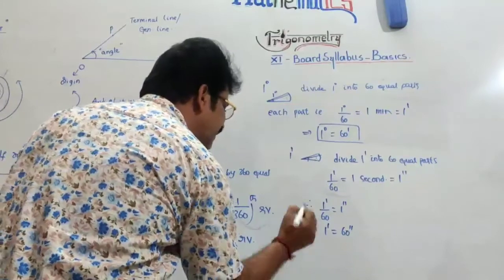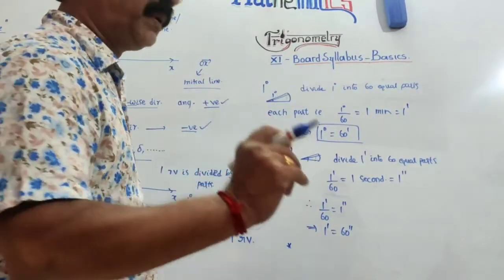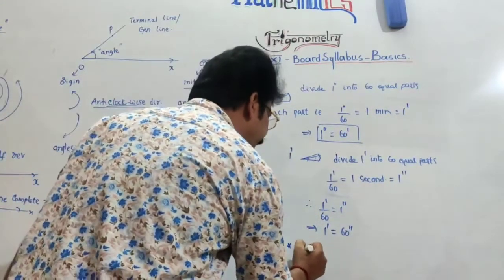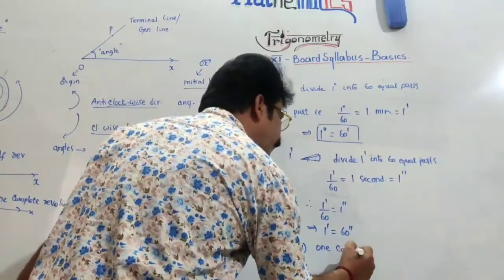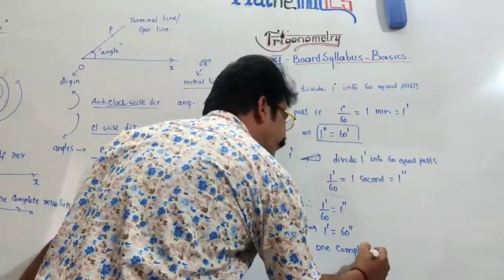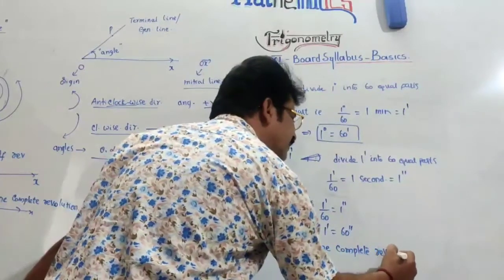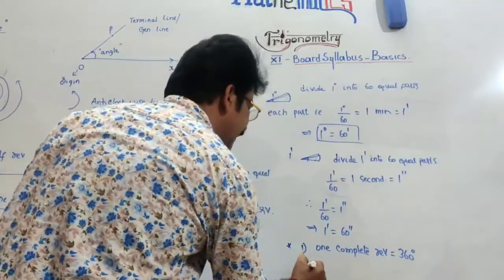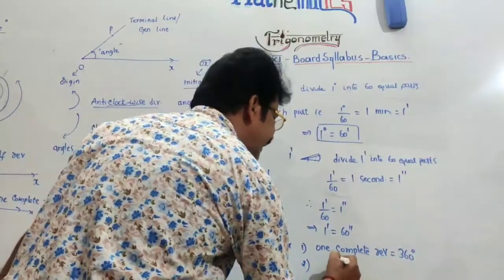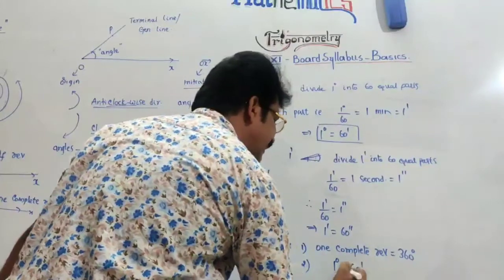Therefore, in this lesson, the main points are: number one, one complete revolution is equal to 360 degrees. Second, 1 degree equals 60 minutes.